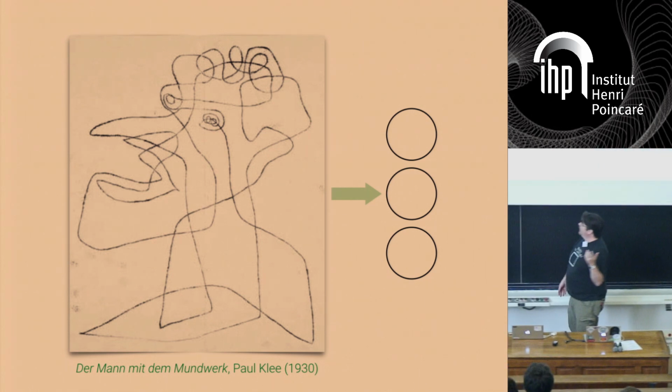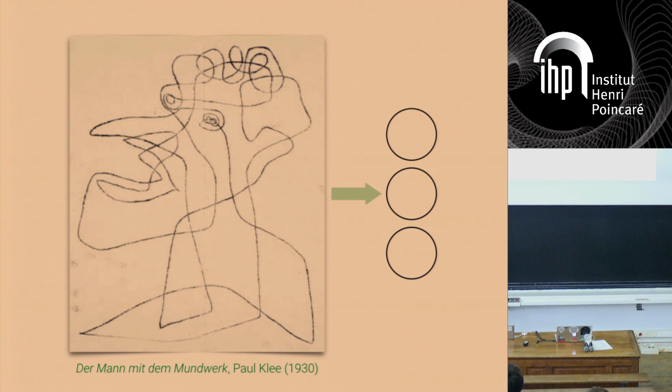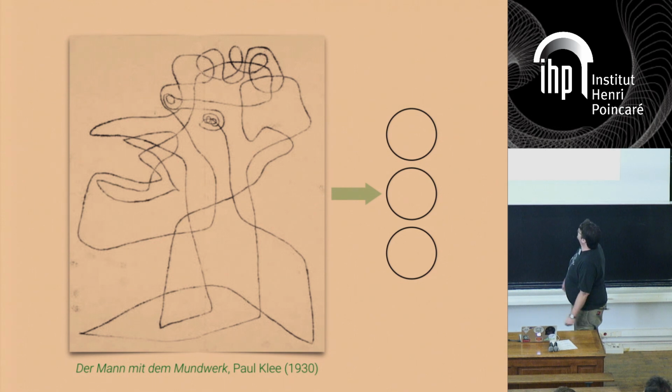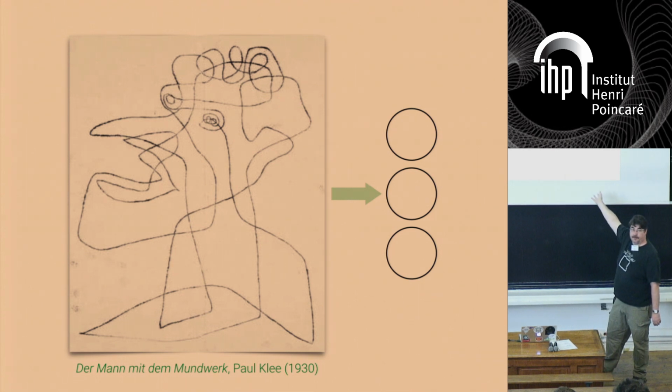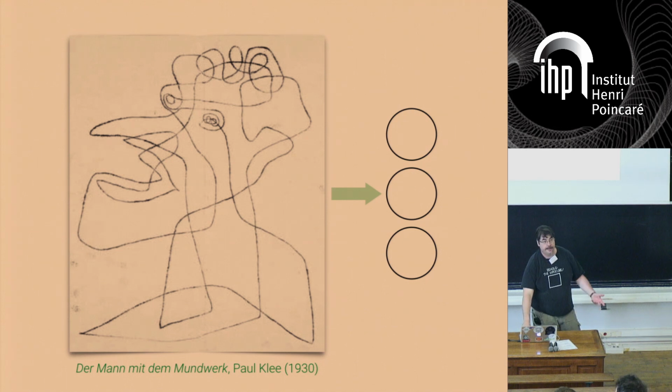This is a picture by Paul Klee, the title of which is The Man with the Mouth. The man who likes to talk, seems appropriate. And I can take this collection of curves and simplify them down to the appropriate number, in this case I believe 3, of simple closed curves.